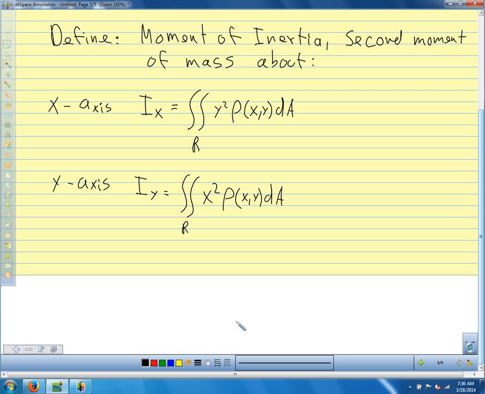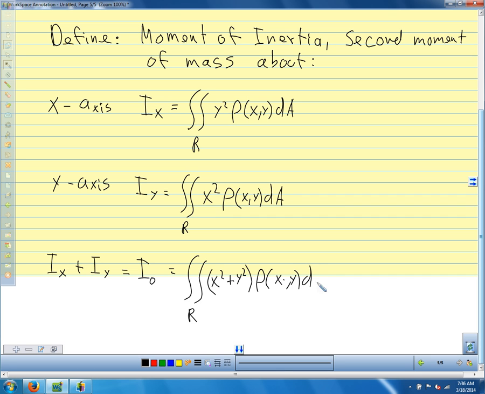And then because we're working with a double integral, we call the sum of these two, I sub x plus I sub y, I sub O. And we can also write this as the double integral over our region of r squared, rho dA.